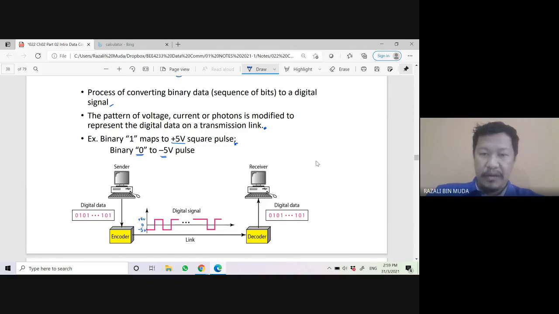At the end of the receiver, the decoder will translate this digital signal into digital data, so 5 volts becomes 1 and negative 5 becomes 0.